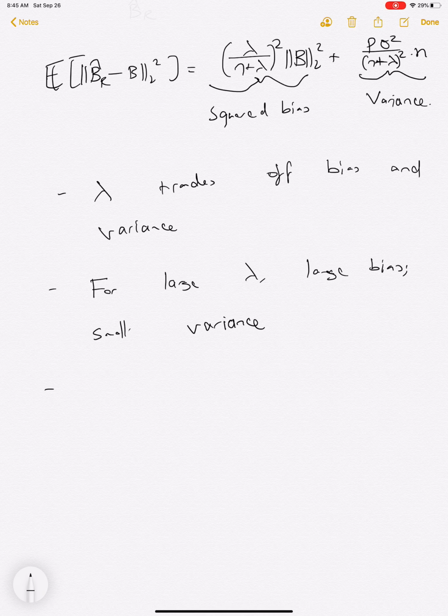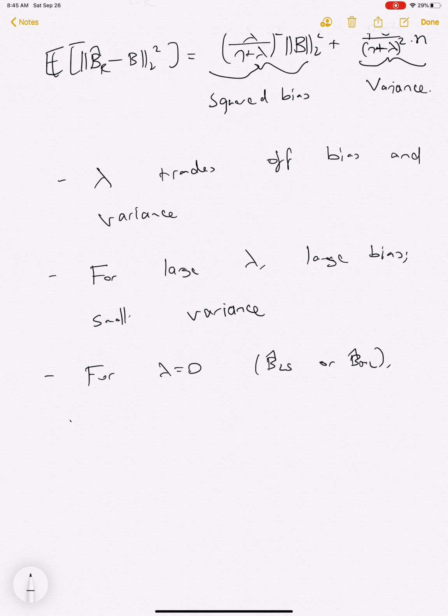So you can see that the least squares estimator, where lambda is 0, has no bias, and the variance is as large as it could be according to this expression. So for lambda equals 0, this is beta hat ls or beta hat ml because they're equivalent in this case, we get p sigma squared over n.